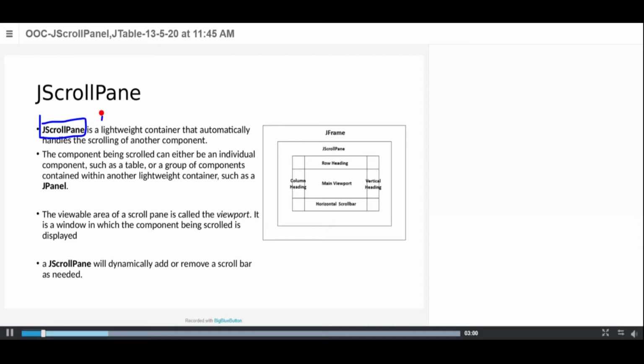What it is going to provide to those components is scrolling capability. Suppose I open Notepad, and you go on typing something in this Notepad, up to the end you cannot see any scrolling, is it right? Once you come to the end, you can even go on typing in the Notepad.